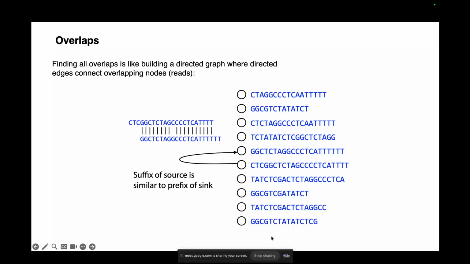So you build a directed graph, right? The suffix of sequence A overlaps the prefix of sequence B. The suffix of sequence B overlaps the prefix of sequence C, right? So there is an order: sequence A to sequence B to sequence C. This order is also maintained using directed graphs.